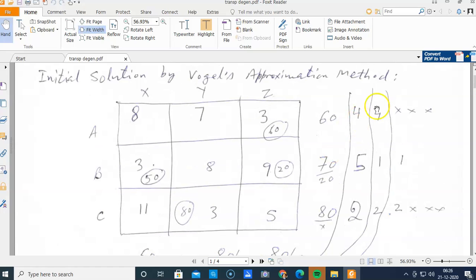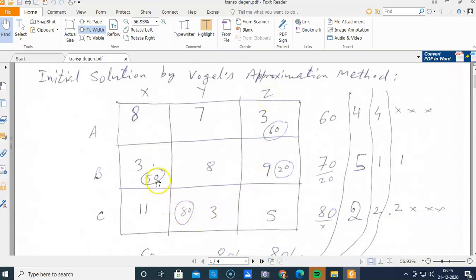After we have done this three times, we got this initial solution: 60, 20, 50, 80. We can see that m is 3, n is 3, so m plus n is 6, m plus n minus 1 means 5.